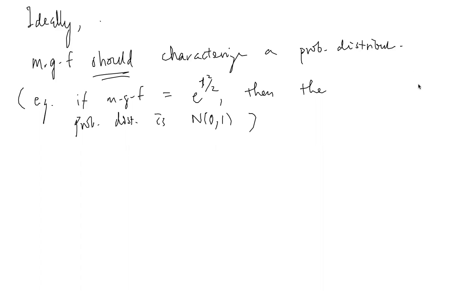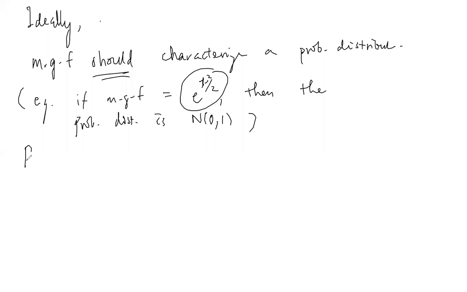Ideally we want something like this. There's a unique identifier for a particular probability distribution by just looking at the moment generating function. If you have the moment generating function equal to this form, then you know that the distribution has to be normal 0, 1. It can't be another distribution. Okay, so this will allow you to characterize your probability distribution.